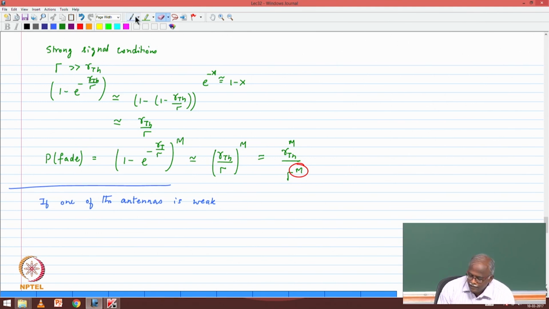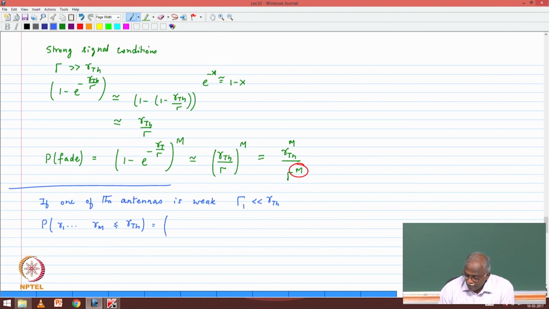We will make the following extreme condition: gamma 1, the average SNR of antenna 1, is actually less than gamma threshold, just to make the extreme case. All of the others are much above the threshold. Now, we are interested in the probability that gamma 1 through gamma m is less than or equal to gamma threshold. That is the probability of a fade.